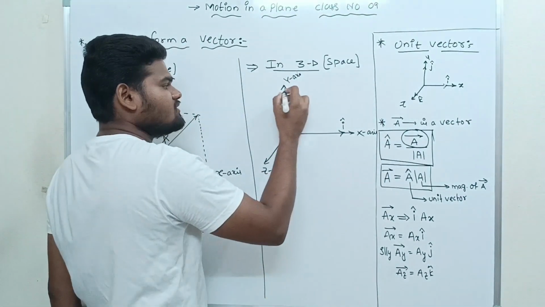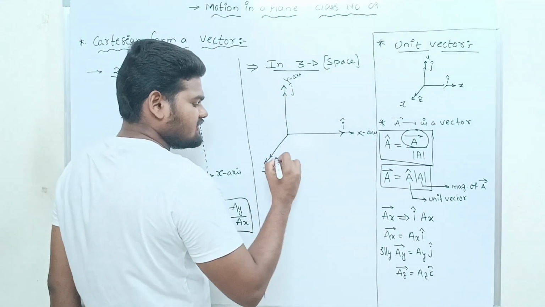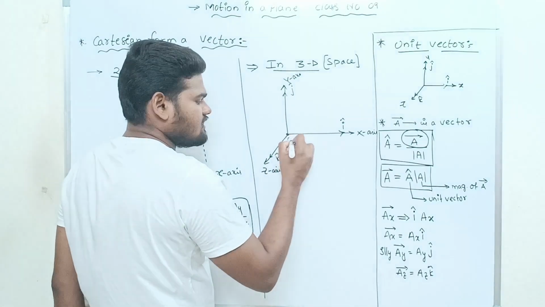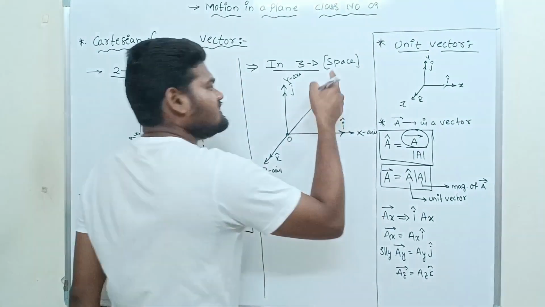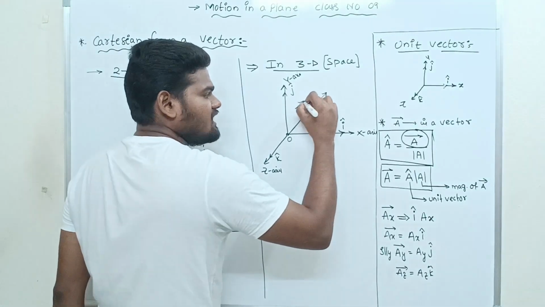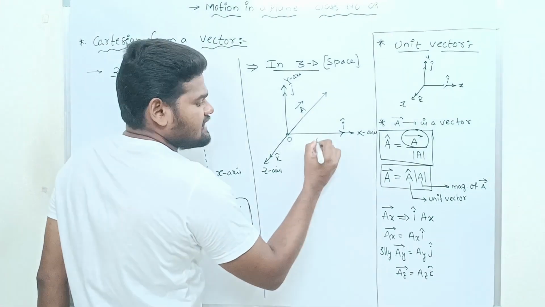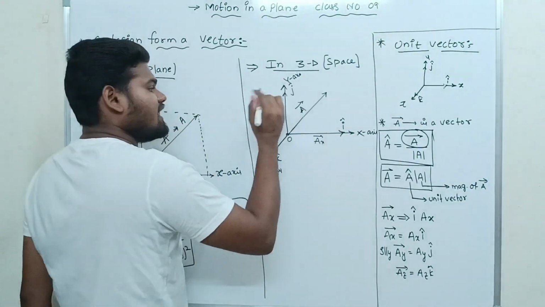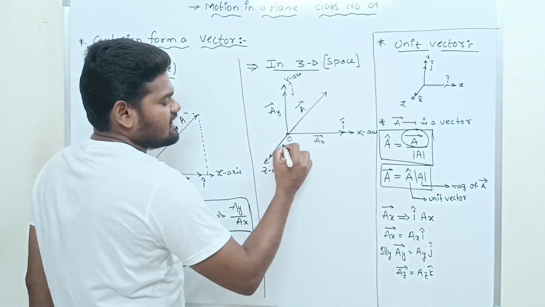I cap. Along the y-axis? J cap. Along the z-axis? K cap. And this is the origin O. From the origin, there is a vector lying in space, and I am taking that vector as a bar. The component of a bar vector along the x-axis, let us say ax bar, along the y-axis ay bar, and along the z-axis its component is az bar.